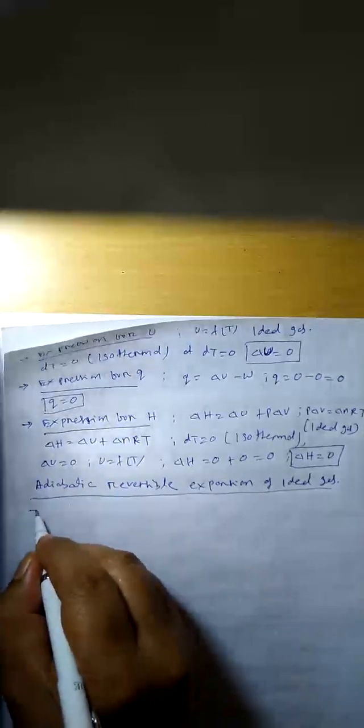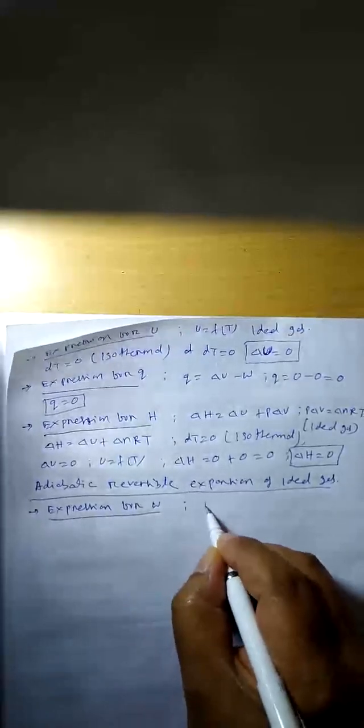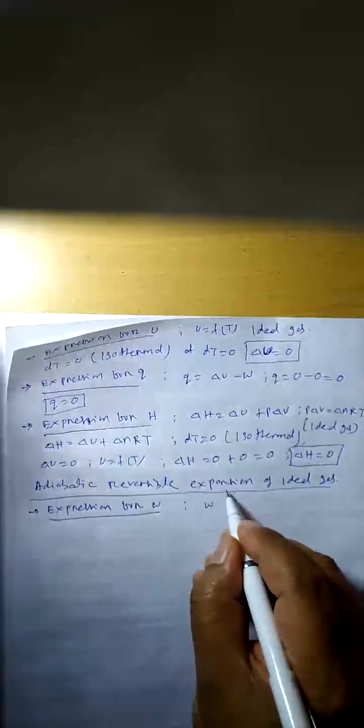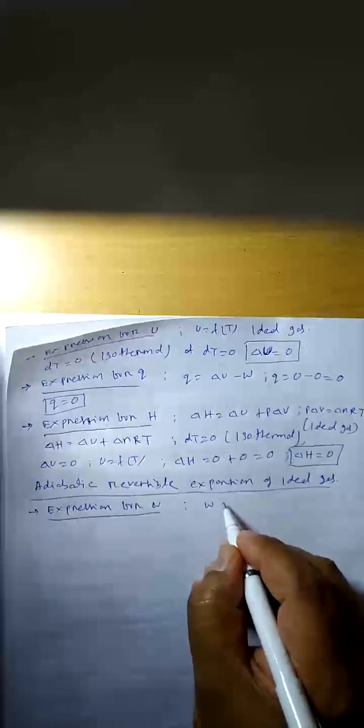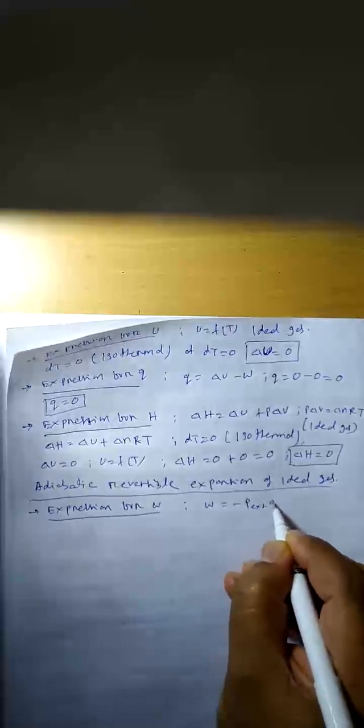An expression for W. Work done by the system: expansion means work done by the system, so it will become negative. W is equal to minus P external dV. This is the work done against external pressure.